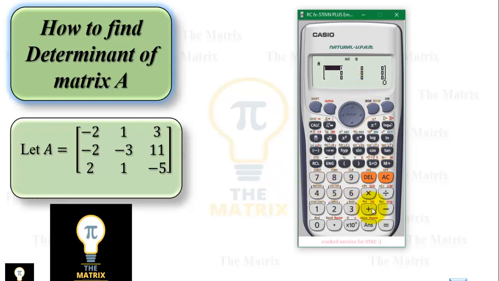Our first element is -2, then we push the equal to button, so that number is entered as an element in the matrix. Similarly, 1, 3, -2, -3, 11, 2, 1 and -5. So here our 3 by 3 matrix is entered. Just push the on button so that the matrix is saved as Mat A.